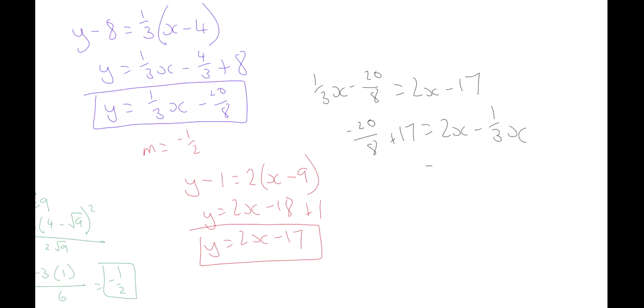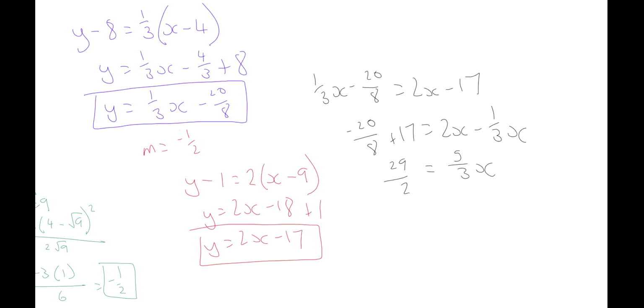So then this gives us 5/3 x. And I can't be bothered doing that. I don't think I brought my calculator. Someone do that for me. 17 minus 20 over 3, I can't be bothered. 31 over 3.